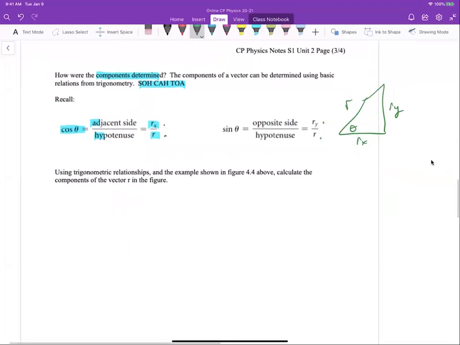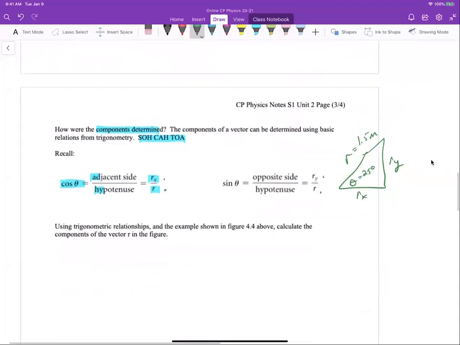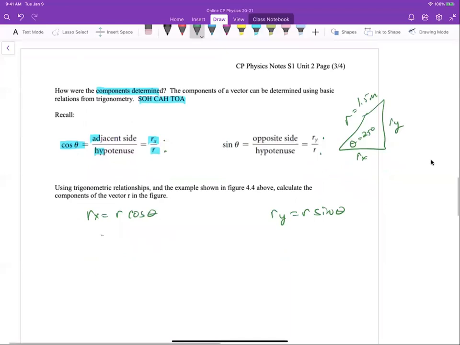What did they give me? They gave me R equal to 1.5 meters, and the angle was 25 degrees. We know that Rx is equal to R times cosine theta, and Ry is equal to R sine theta in this triangle. That is 1.5 meters times cosine of 25 degrees, and 1.5 meters times sine of 25 degrees.